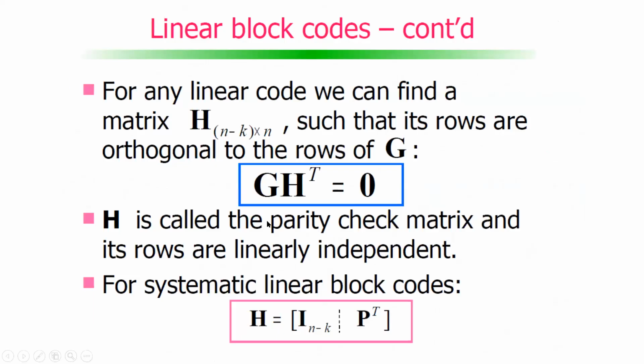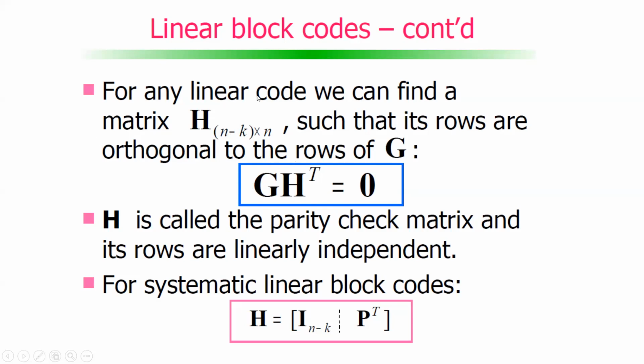But we can find a matrix H with dimensions n minus k cross n such that its rows are orthogonal to the rows of G. And we can prove that the multiplication of G with the transpose of H will always be a zero matrix. This is a very important condition for orthogonality.